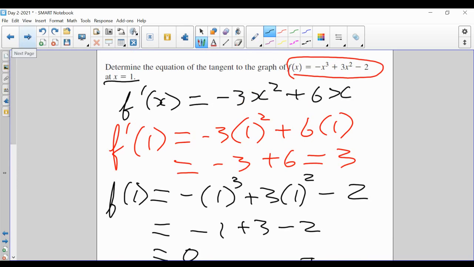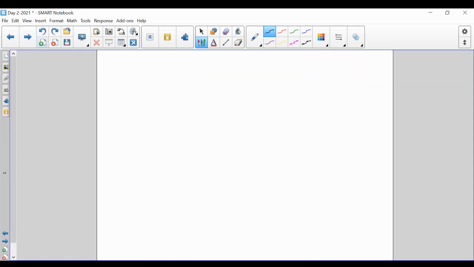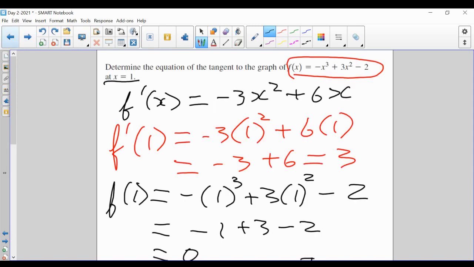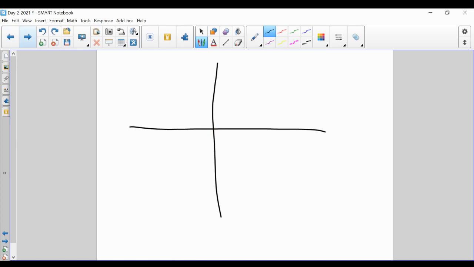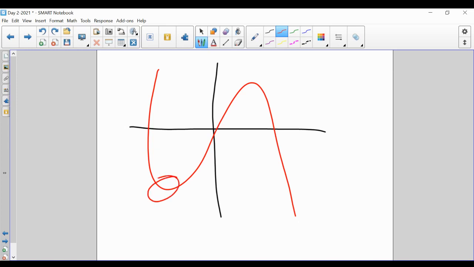Since it has a negative leading coefficient, we know about end behavior, so it could potentially look something like this. It may have maxes and minima, maybe a min there, maybe a max here.